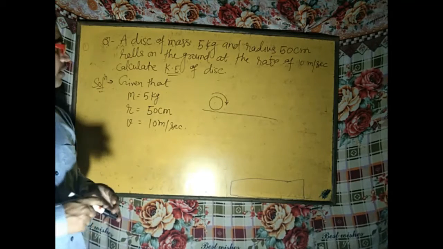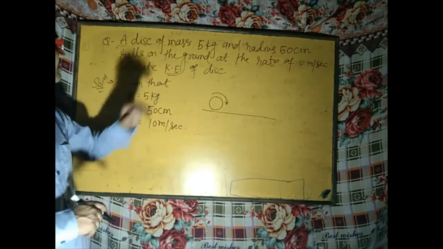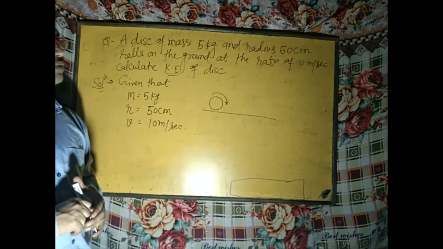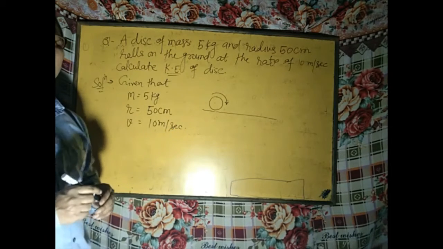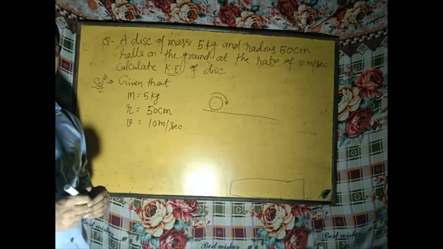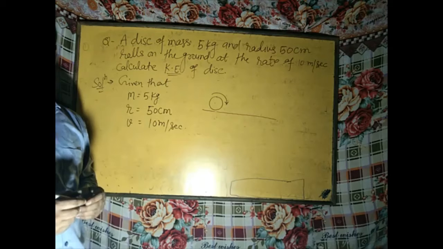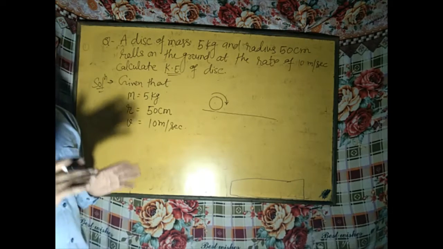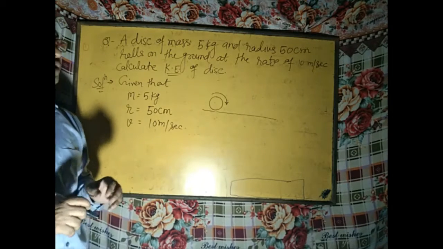So for translatory motion, we can calculate the kinetic energy of translation easily by using the formula 1 by 2 mv square. And for rotational motion, the formula is 1 by 2 I omega square. So you can find out the total kinetic energy is equal to the energy of translation plus the energy of rotation.